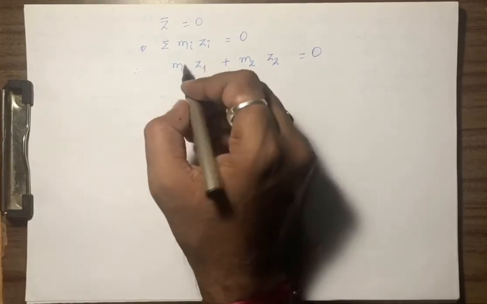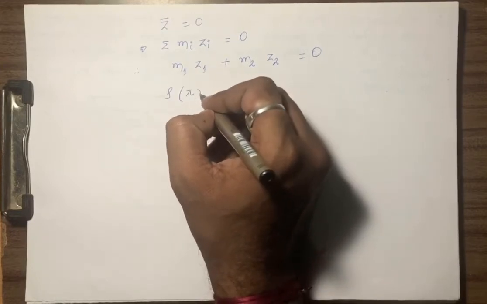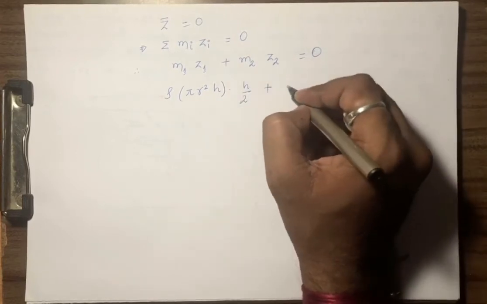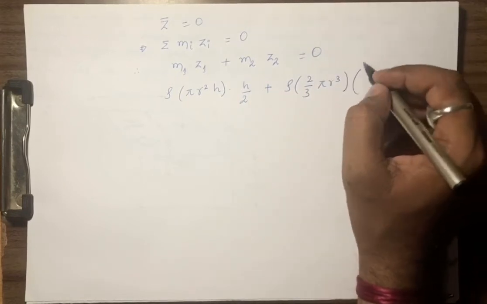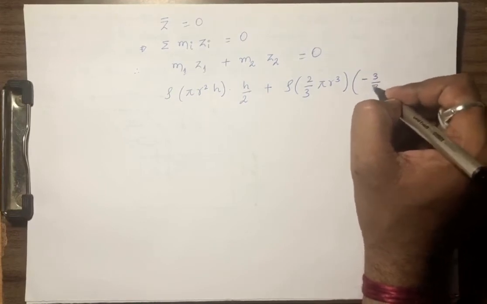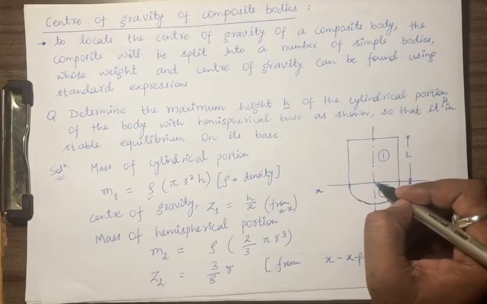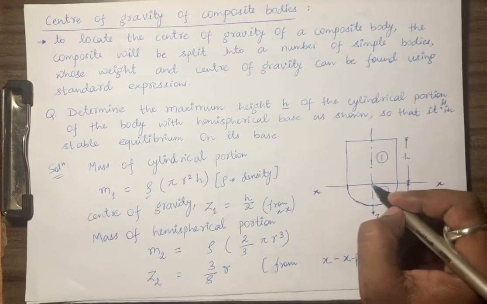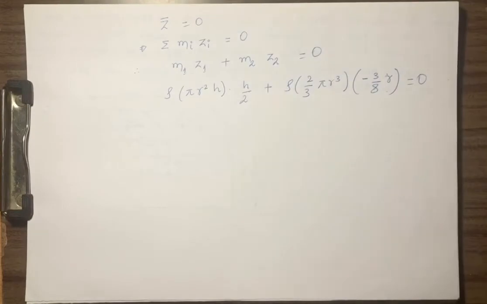So m1 is rho into pi r square h, into h by 2, plus rho times 2 by 3 pi r cube, Z2 is minus 3 by 8 into r. Why is this minus? From this axis, it is in this direction, so it is plus h by 2, but from this axis Z2 is in the downward direction, so it is minus 3r by 8.